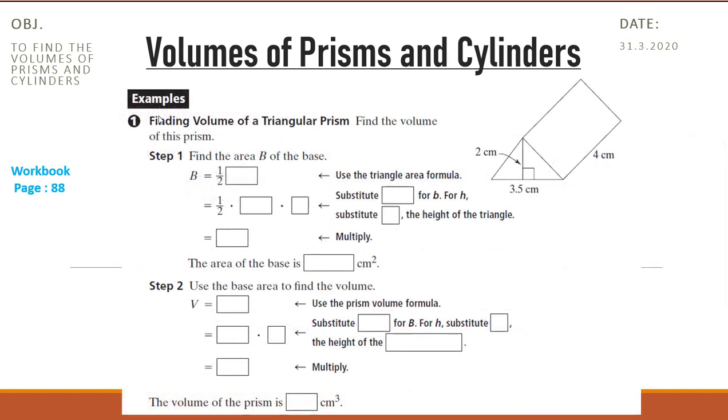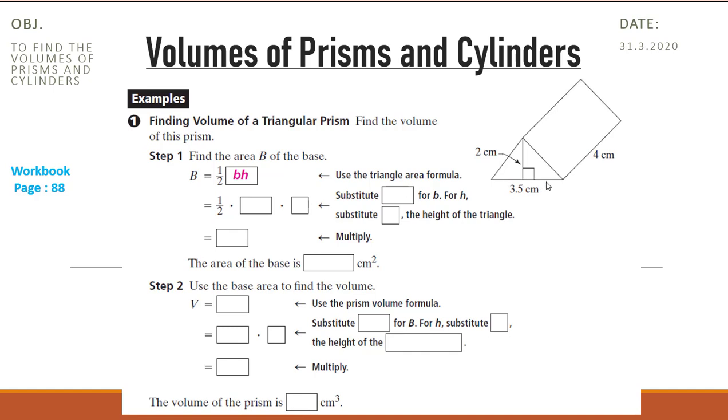Now in the first example here, it's the same as the previous one. Find the volume of the prism, this prism. At first we will find the base area, B capital. The rule is half, of course, base length multiplied by height. So we will substitute now.